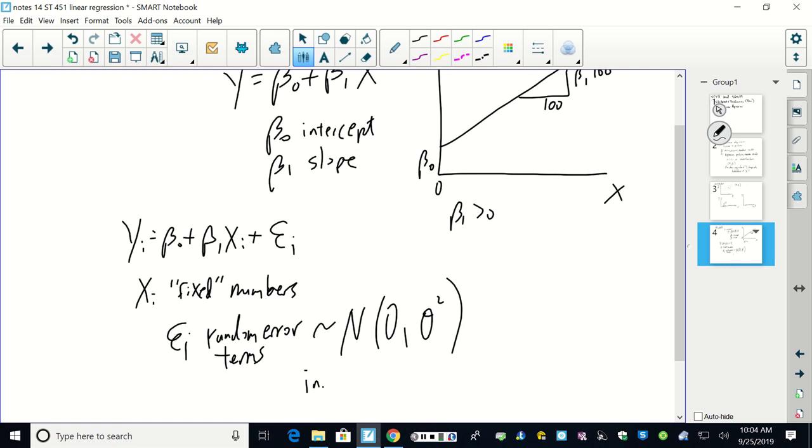And we're going to assume in the standard model that these things are independent of one another. So that would preclude some types of data from fitting this model, right? If you have weather or atmosphere or other environmental things with a time structure, a seasonal structure, where one day follows the next, and if they're related, then the errors are not really random, but there's a structure that you would handle with time series.